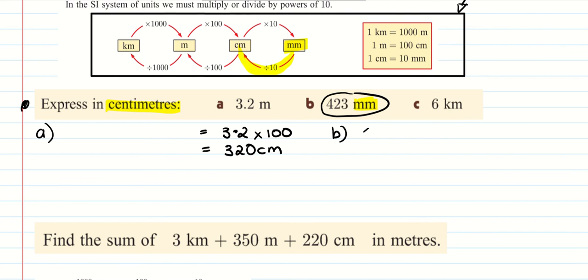So we take 423 and we divide that by 10. So that means we're moving our decimal place 1 place to the left. So that is 42.3 centimetres.